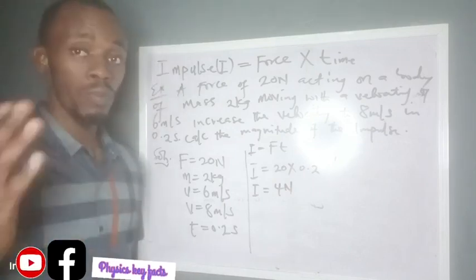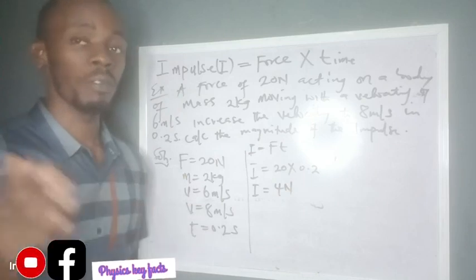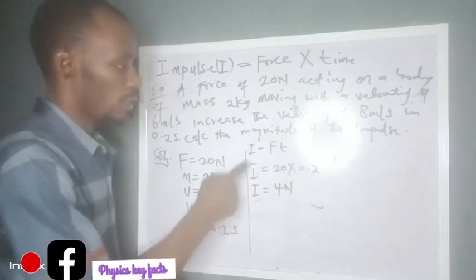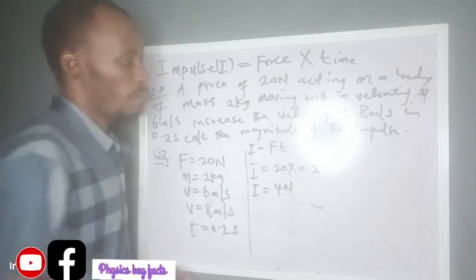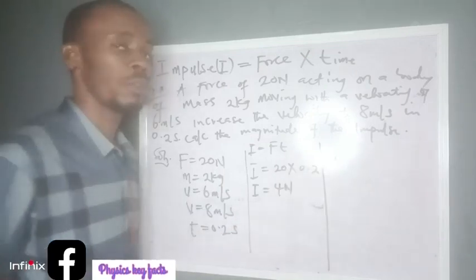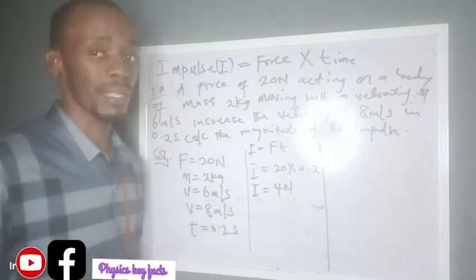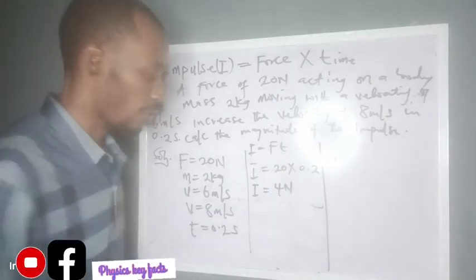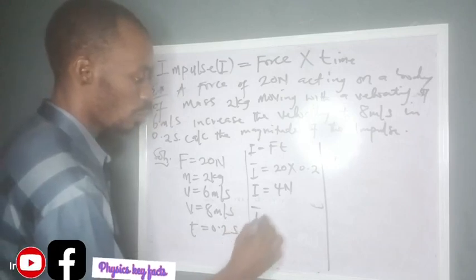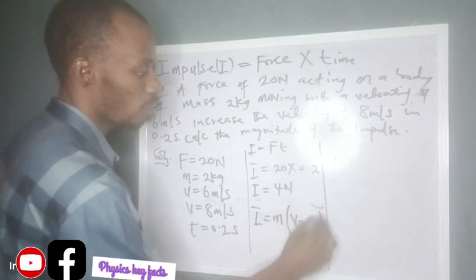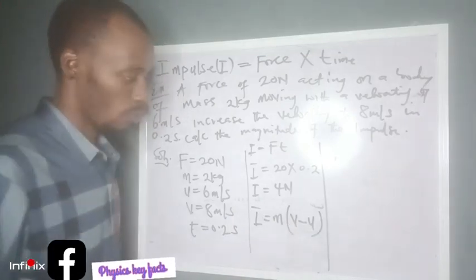So there are two methods with which you can solve this. Like we rightly stated, impulse has two formulas. This is the first formula, and we solved it with this method. If we solve with the second method, we should be able to arrive at the same answer. So what's the second formula for impulse? We know that impulse is equal to m(v minus u), which is the change in momentum.